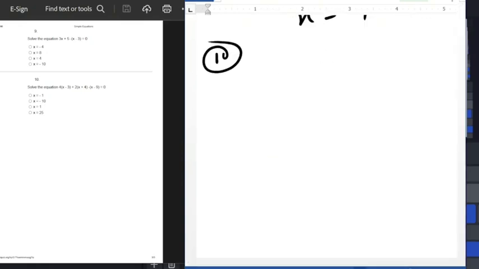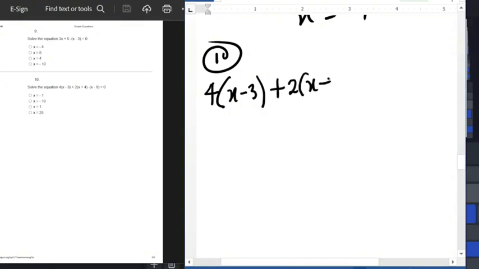Question number 10, we have 4 into brackets x minus 3, close the bracket, plus 2 into x plus 4 minus x minus 9 equal to 0. So here, we're going to open the brackets first.